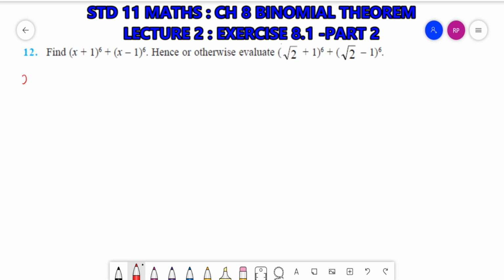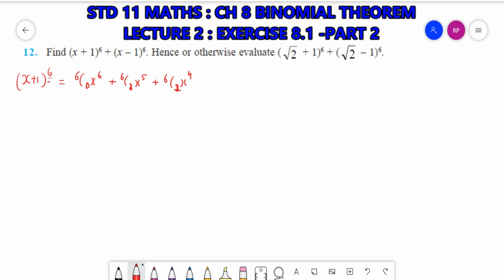First, we will find out x plus 1 raised to 6. Here n is equal to 6. This will be equal to 6c0 x raised to 6 and 1 raised to 0, plus 6c1 x raised to 5. Now 1 raised to anything is 1, so no need to write down. 6c2 x raised to 4, 6c3 x cube, 6c4 x square, 6c5 x, 6c6 x raised to 0.